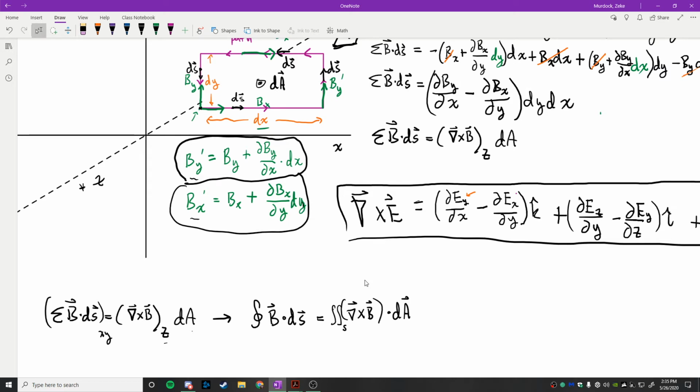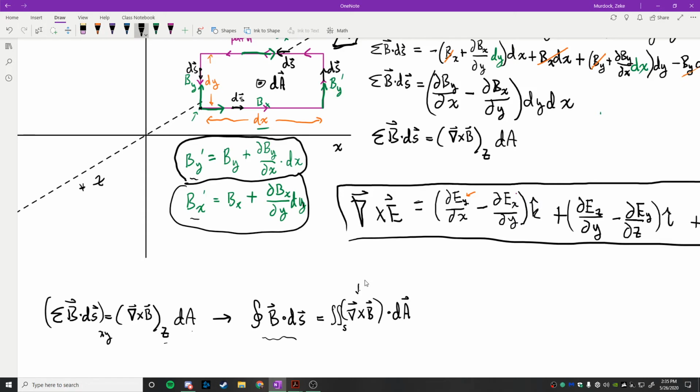And this allows us to reframe what this represents. Okay? It effectively represents the circulation of the magnetic field, the fact that it's going to move in some type of circular pattern. And the right-hand side represents another way to describe the exact same thing.